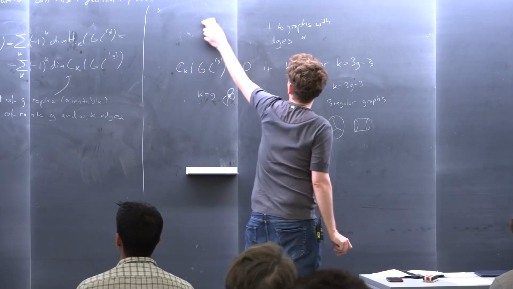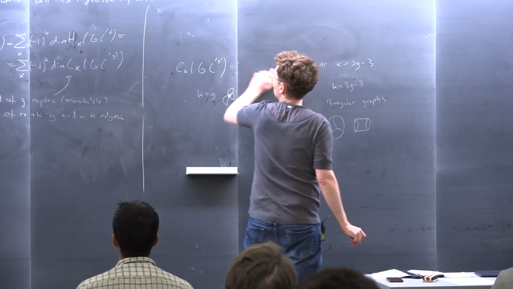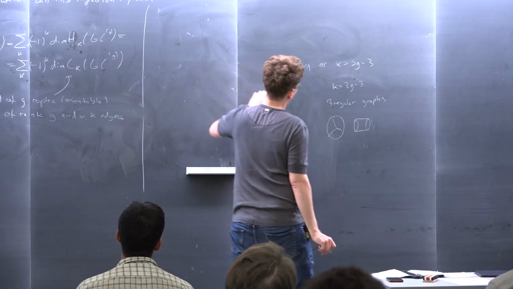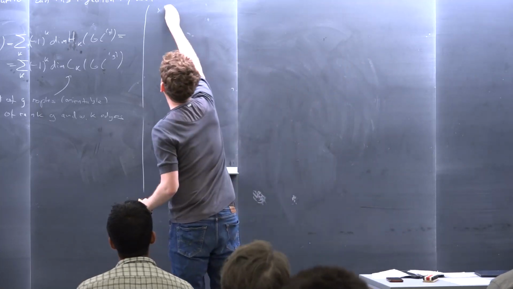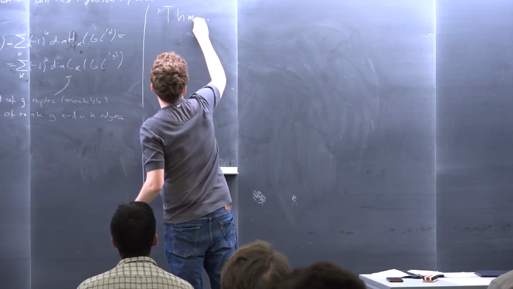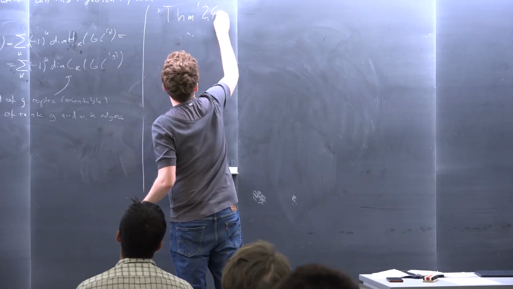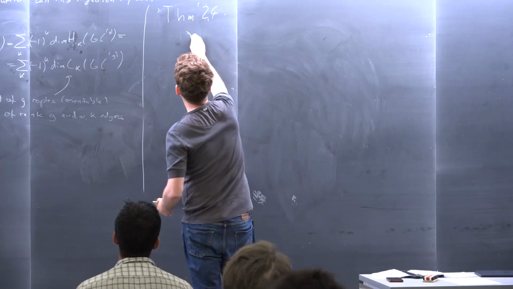And the result is that this can be solved, and it can also be solved asymptotically. And the theorem is just the solution of this graph counting problem.